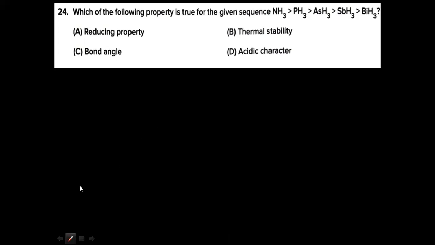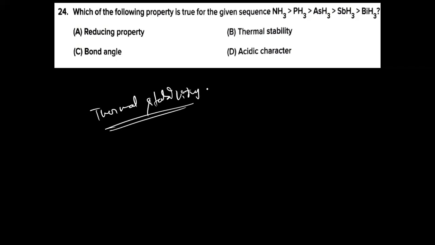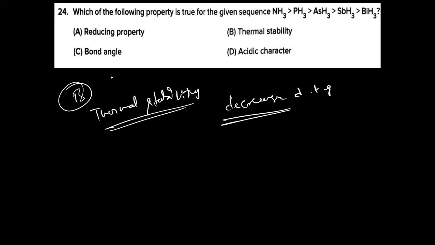These 15th group elements are called pnictogens, and these are the 15th group hydrides. If we consider the thermal stability property, the thermal stability of 15th group hydrides decreases down the group. So the correct option is thermal stability, option B.